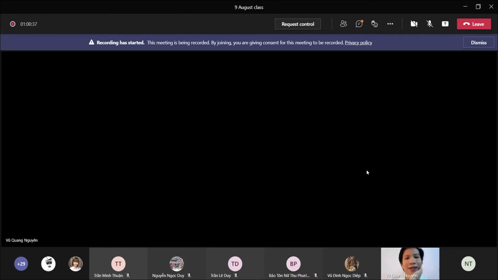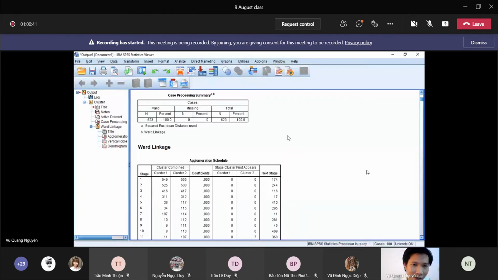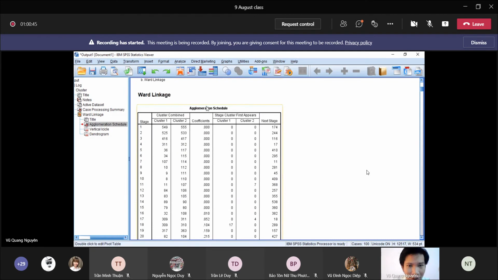Okay, cluster. Now I told you already about the agglomeration schedule. So this one is called the agglomeration schedule. You can see that in stage 1, the first step, the cluster combine. In the first step, SPSS will combine respondent number 549 and number 555.